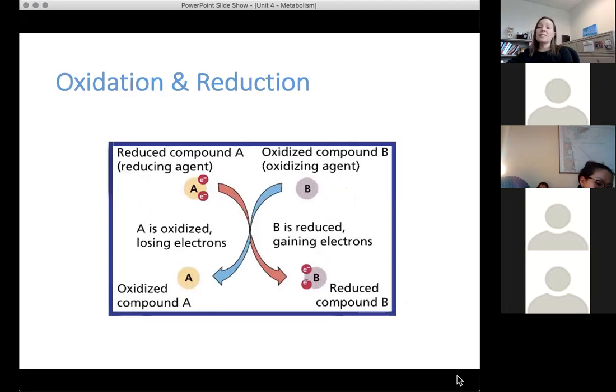Another set of reactions next in your outline, which you don't have a definition for, so I'm going to give them to you, is the oxidation and reduction reactions. Oxidation involves the removal of electrons and hydrogen ions from an atom or a molecule.